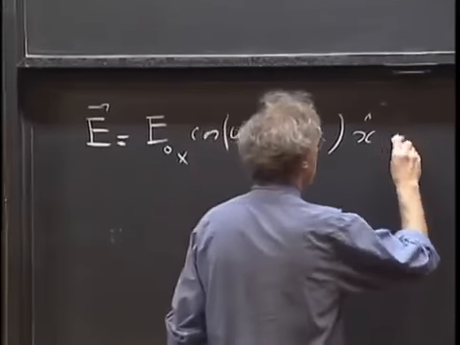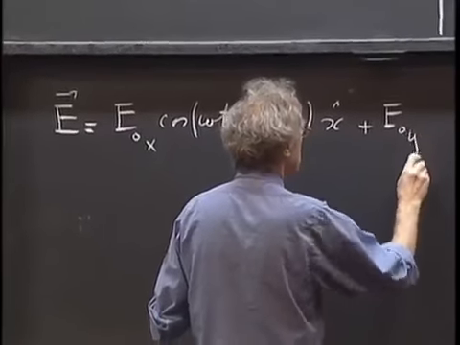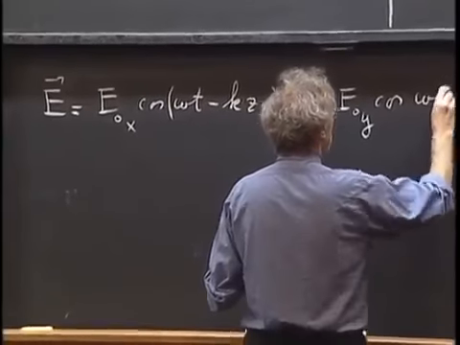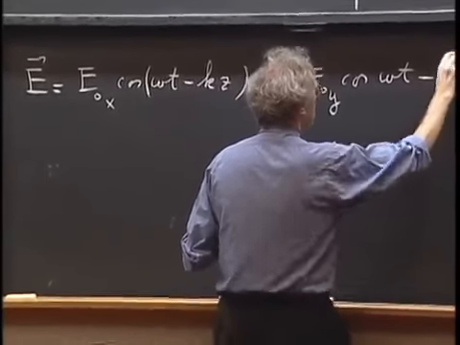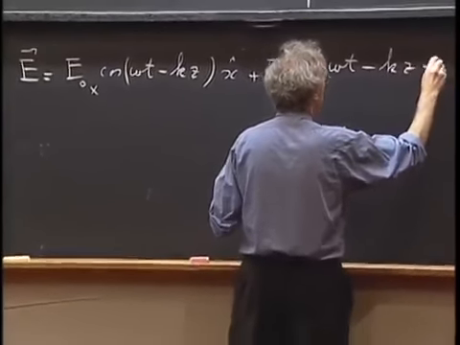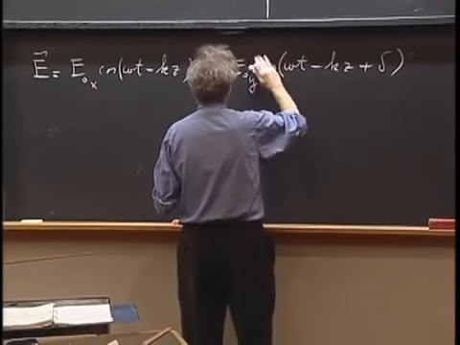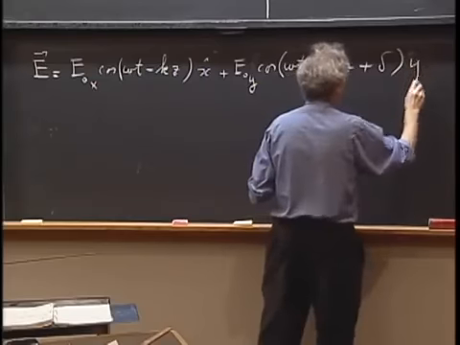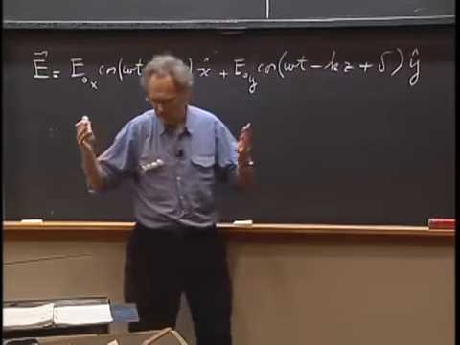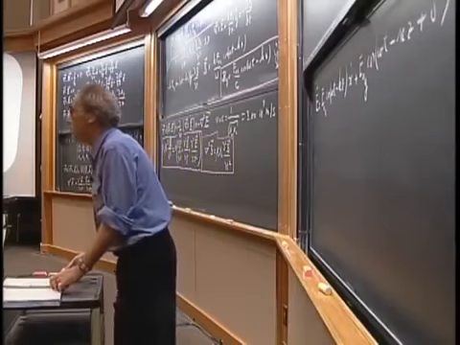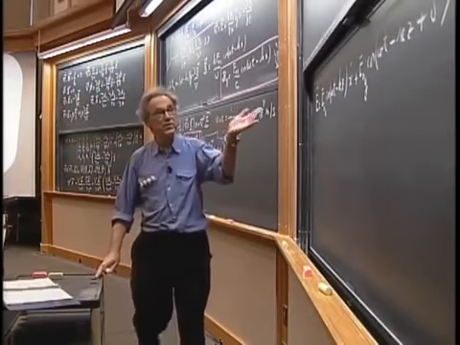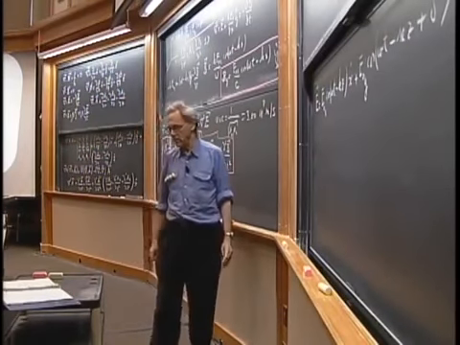And then I would have another E0y times the cosine of omega t minus kz, and I can give it any random phase angle delta. And that would then be in the y direction. And so clearly, this satisfies the wave equation, because each separately satisfies the wave equation.